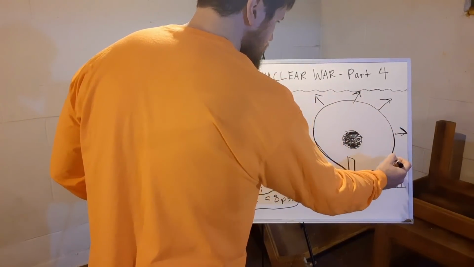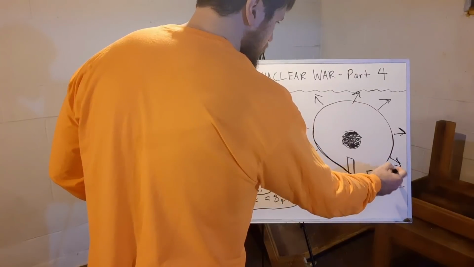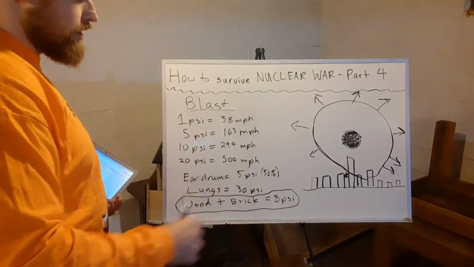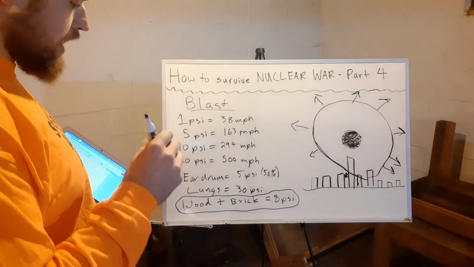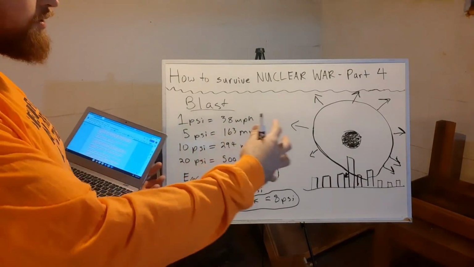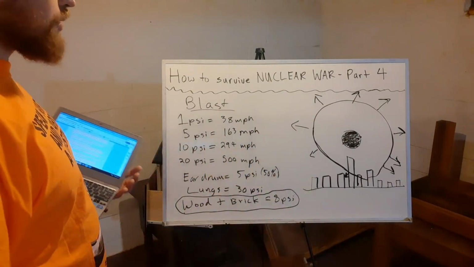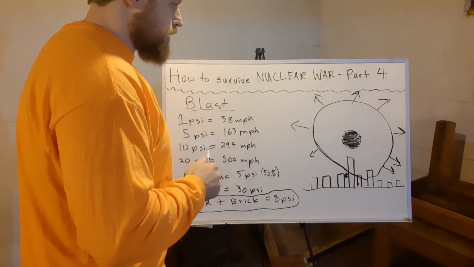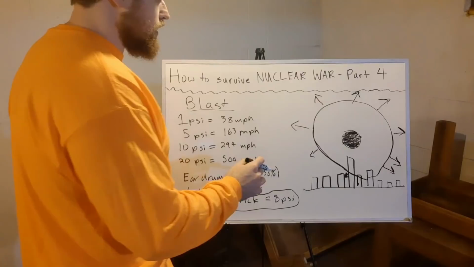It's not just one direction. It radiates outwards, kind of like if you drop a stone into a pond, the waves ripple out in 360 degrees away from the stone. It's the same thing.